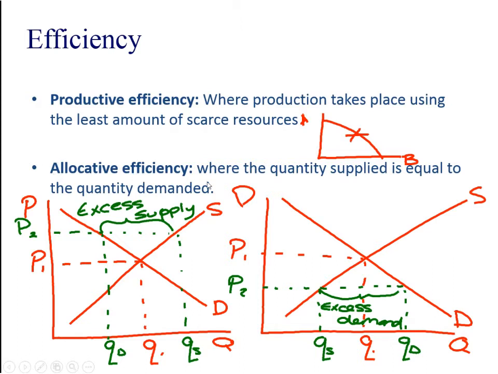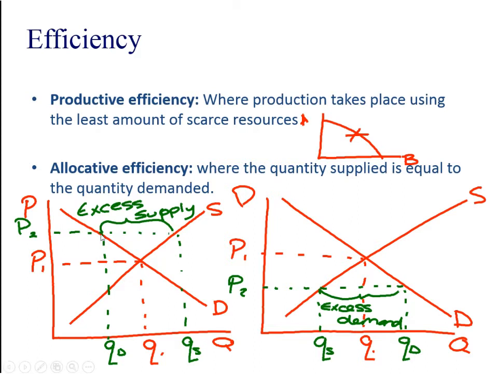Just looking at allocative efficiency still, if we imagine we've got a supply and demand diagram here and the price is set too high, above the equilibrium quantity and price, we will get a situation where we get excess supply. There's lots of supply because producers think, I can make quite a bit of profit here, but it's too expensive for most people.